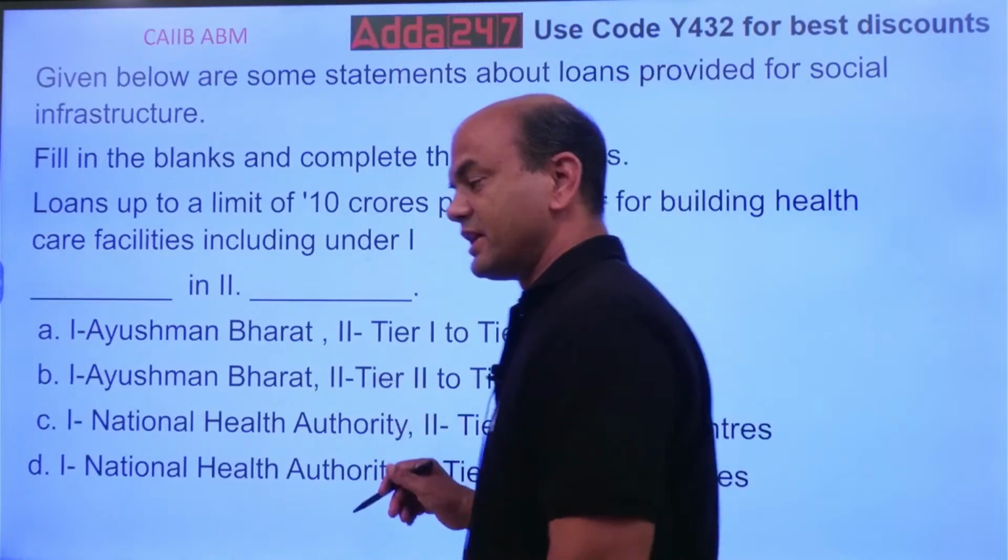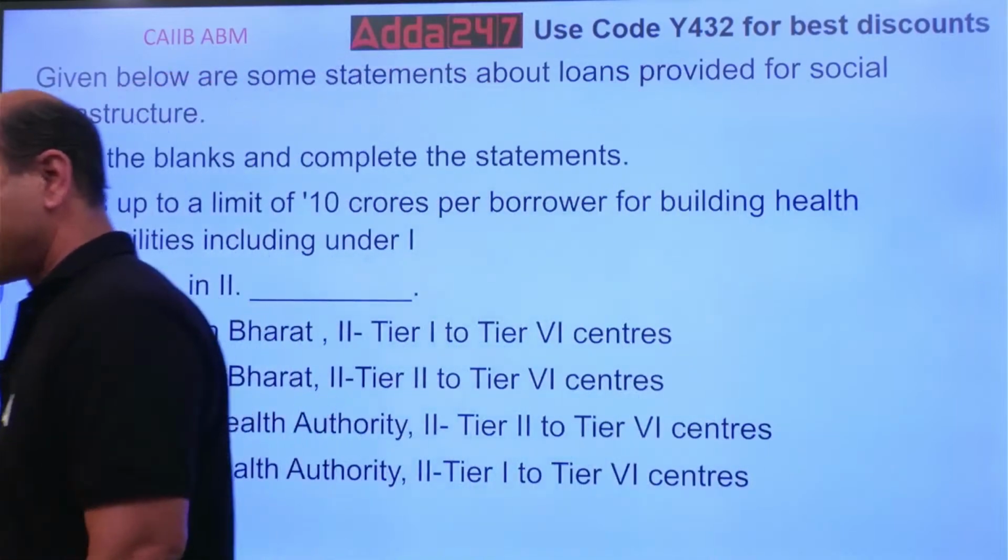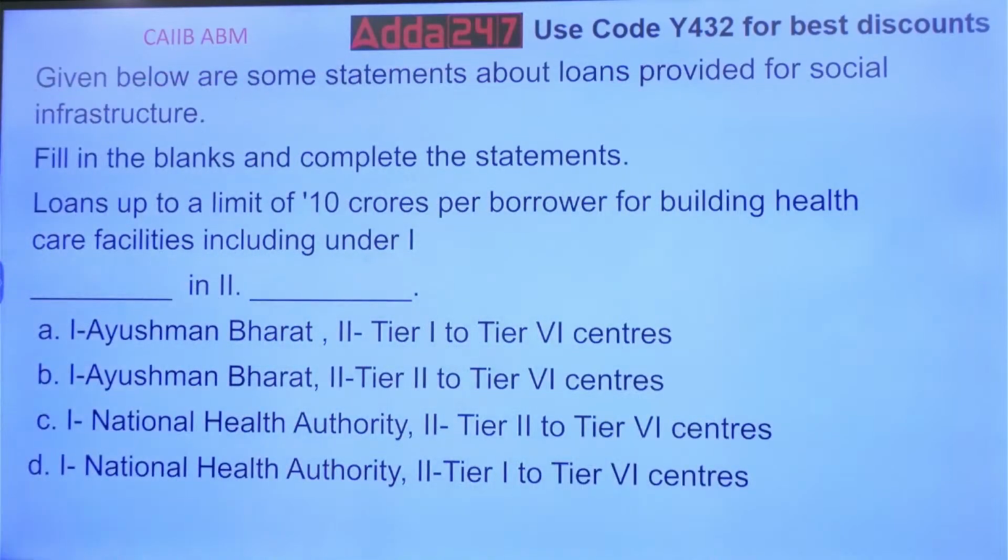Now watch this and think what the answer can be. Loans up to limit of 10 crores per borrower for building healthcare facilities under a dash.